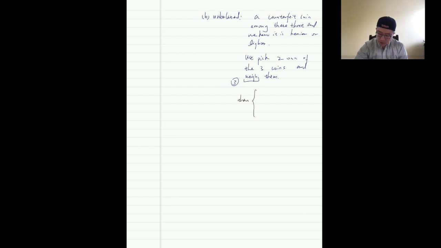The first case is that they're balanced, and the second case is left or right, which means that left is heavier or right is heavier, right? So if they are balanced, we know the left one is counterfeit.